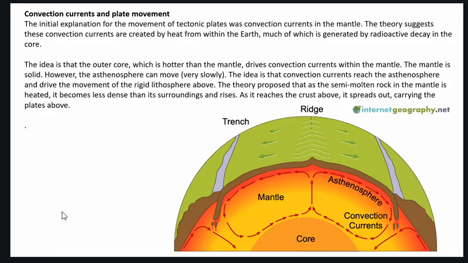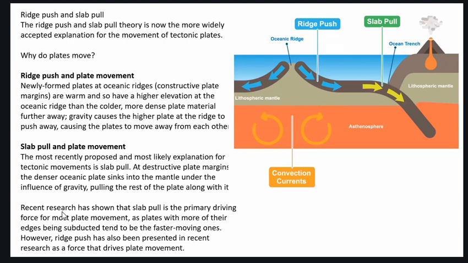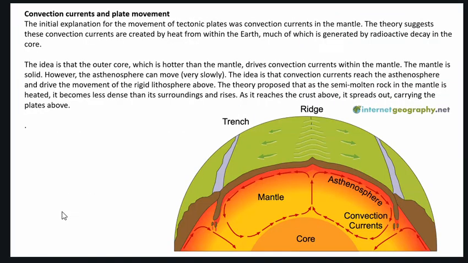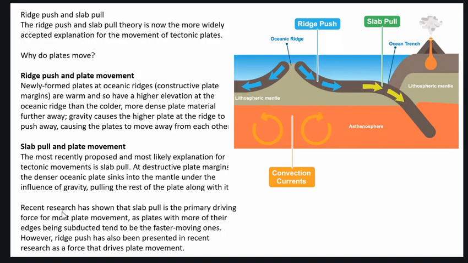So we've explained the first theory on why plates move, which is based on convection current, right? A lot of you said you understand that part. So the second one is the ridge push method.